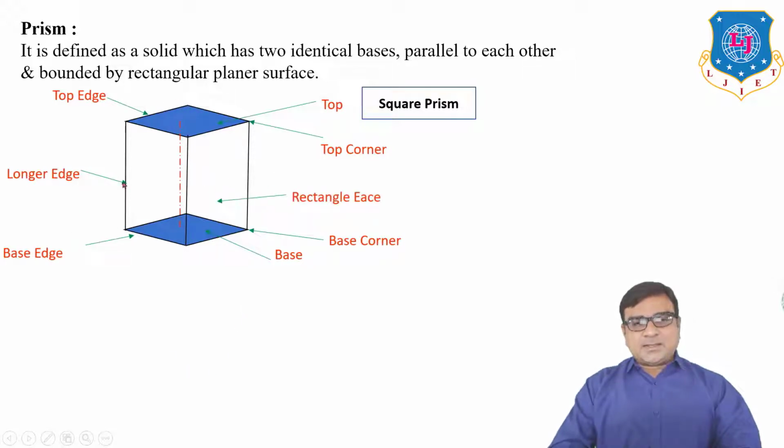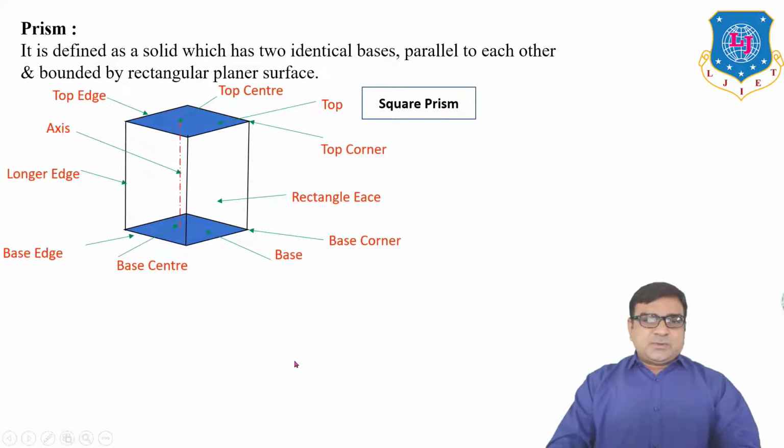The rectangle surfaces which are bounded at lateral is known as rectangle face. Now the center of top and center of bottom or base center are connected by one imaginary line. That line is known as axis of the prism. So this is the terminology of square prisms.